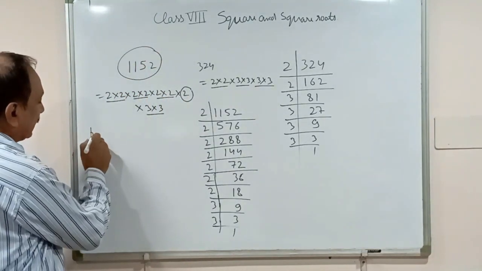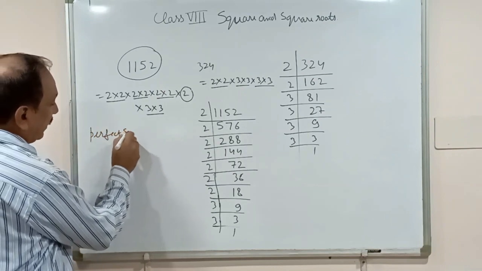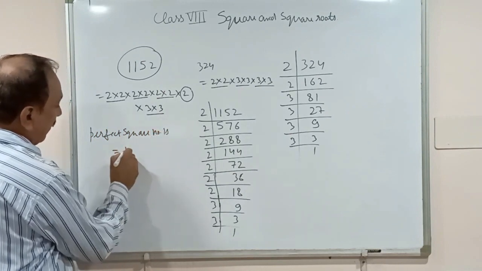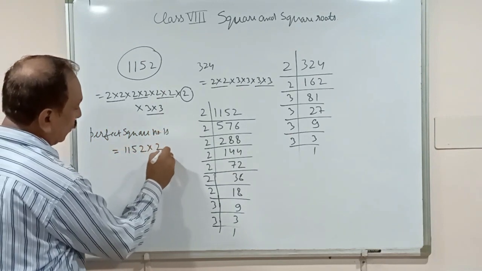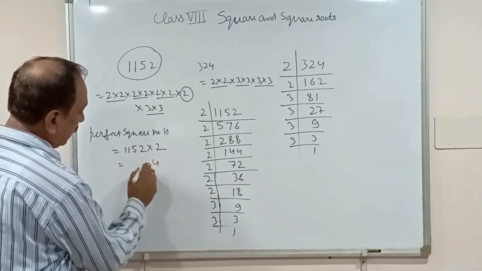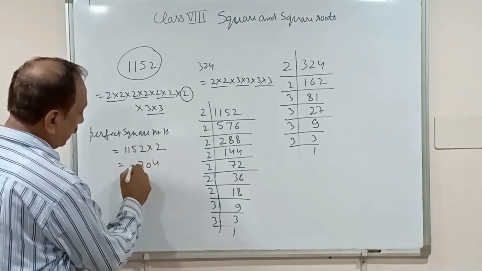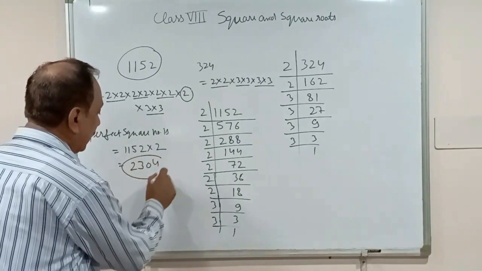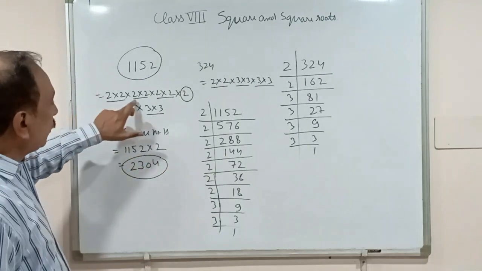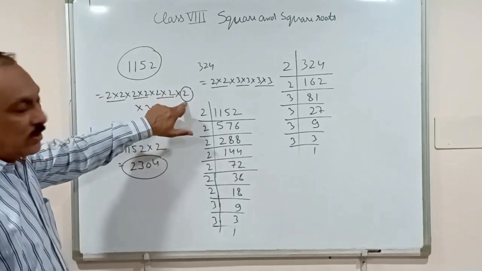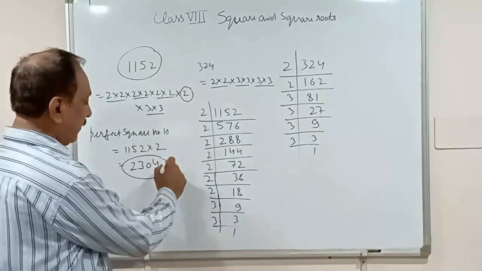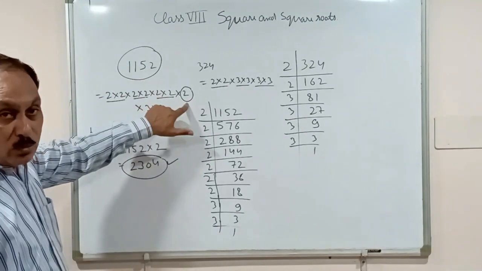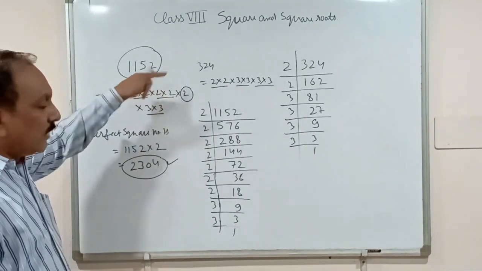So the perfect square number is 1152 multiplied by 2, 2304. 2304 is a perfect square because its factors are 2 into 2, 2 into 2, 2 into 2 और एक 2 extra हो गया. Okay. Same in divide. You can divide this number by 2. ये 2 हटाना है आपको पेयर बनाने के लिए, so it is also the same method.